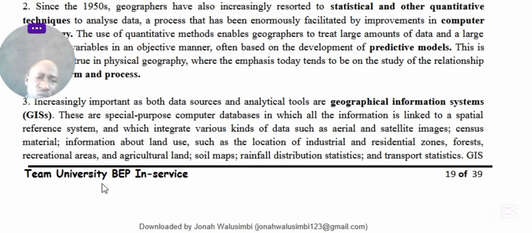We can also use what we call GIS, known as the Geographical Information System. Here we have what we call the database. The database is organized as information concerning a particular area. They can use aerial photographs or satellite images to capture the information, or census material that you can obtain from the field, and then you are told to represent the data.